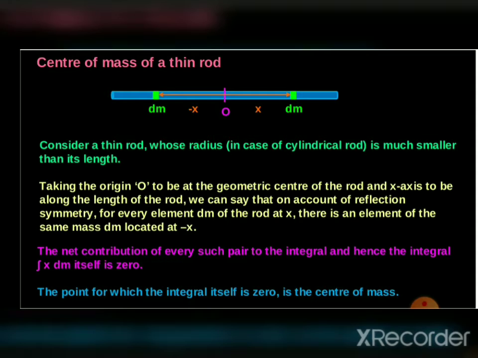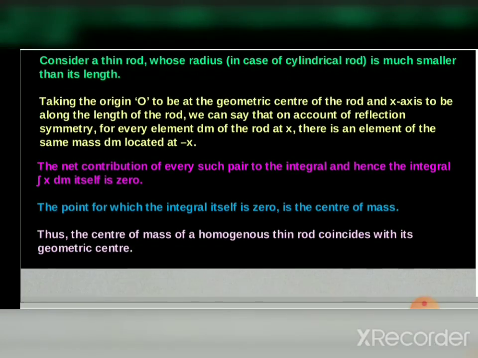Taking O as the origin at the center of the rod, with the x-axis along the length of the rod, we can say there is reflection symmetry: for every element dm of the rod at x, there is an element of the same mass dm located at minus x. So you can take reflection symmetry for such kinds of cases.